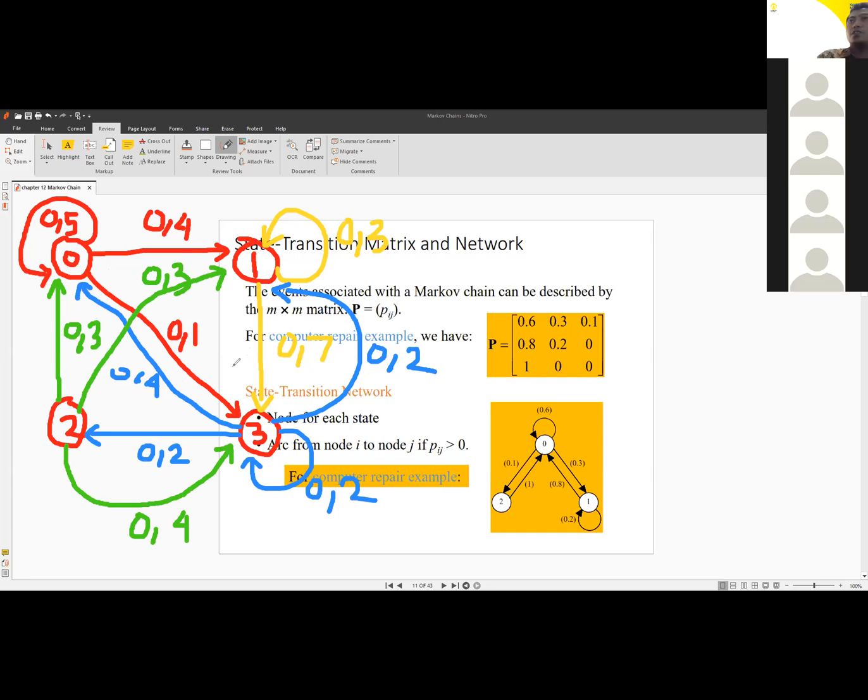Okay, this is an exercise for everybody. Please conduct it by yourself and submit it to the MAS. The task is please make the transition matrix from this network.